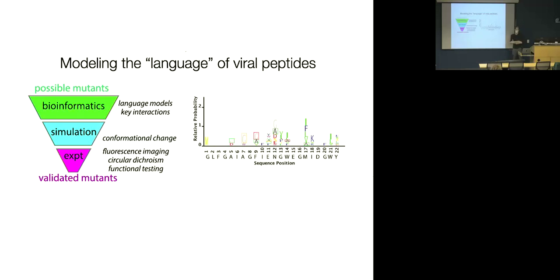And a number of these come out fairly well in testing against deep scanning mutagenesis experiments. This is a logo plot of one of the language model predictions for mutations of the influenza fusion peptide.